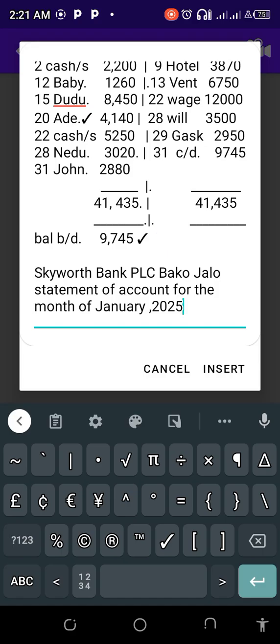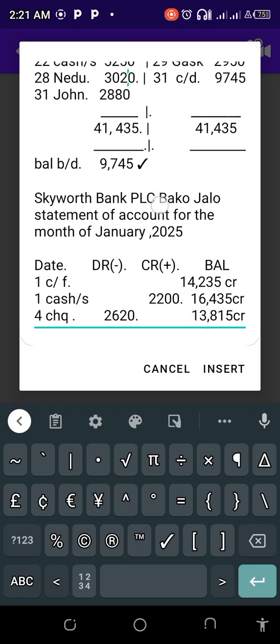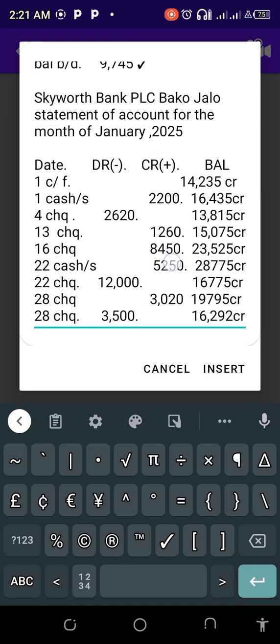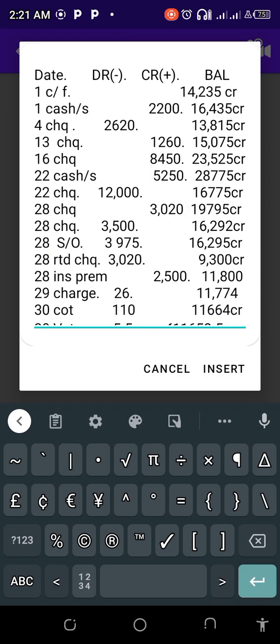The next transaction is Nedu. Nedu on the 28th is 3,020. So let us go and check whether the check has been credited. There's a check credited of the exact amount on the 28th.